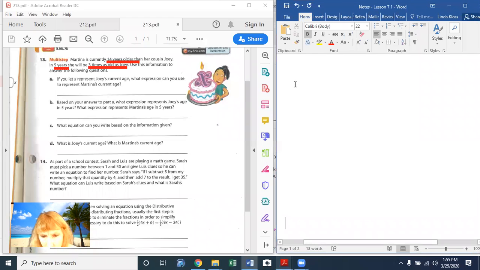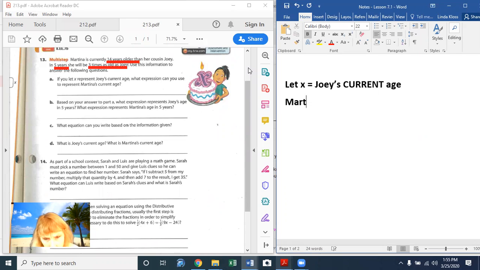So over here on the right, let X equal Joey's, this is a little confusing, so I'm going to do this one with you. Current age, how old he is right now. So how are we going to do Martina's age? How would we represent that using algebra? Well, if we go back up to here, it says Martina is currently 14 years older. So currently means now, 14 years older than Joey.